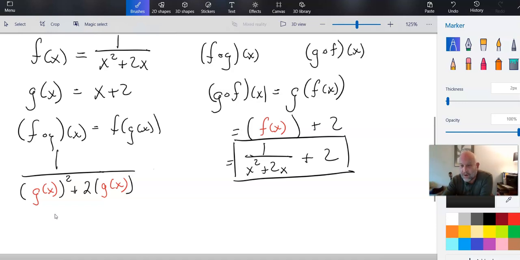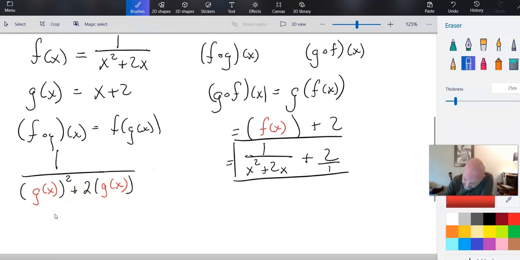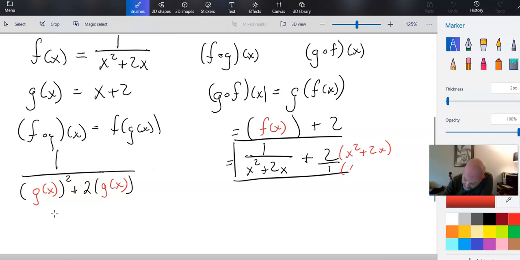Sometimes, though, you are required to find a common denominator and make it a single fraction. So if you have to do that, this has a denominator of 1, which means the common denominator is x squared plus 2x. So I'm going to multiply by x squared plus 2x on the top and the bottom.